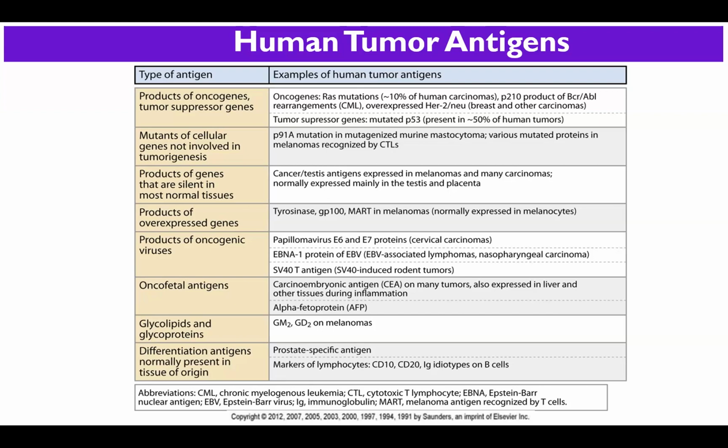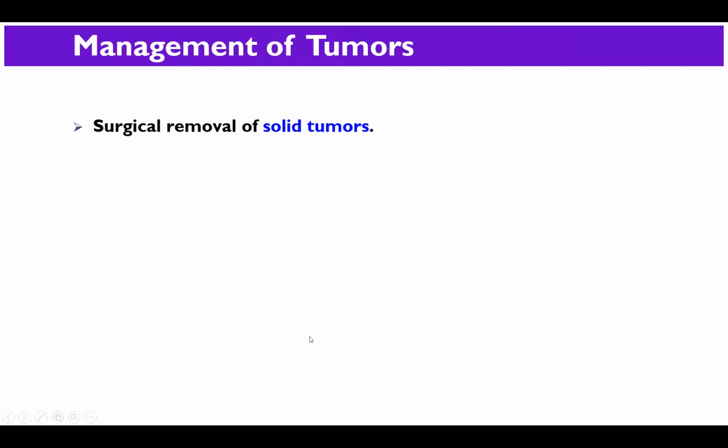I've just sort of glossed over a few of these just to let you appreciate the diversity and different types of tumor antigens. But I wanted to switch gears here and talk about some of the management options that are available.